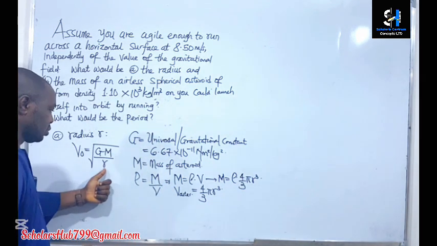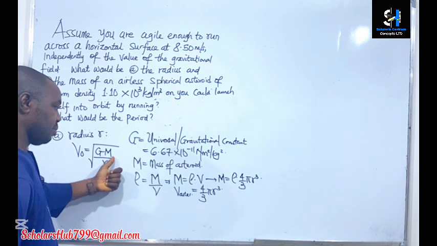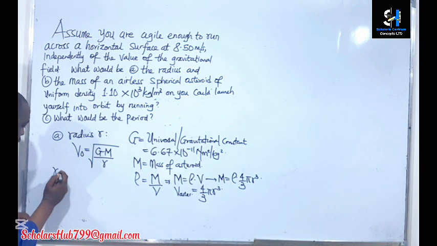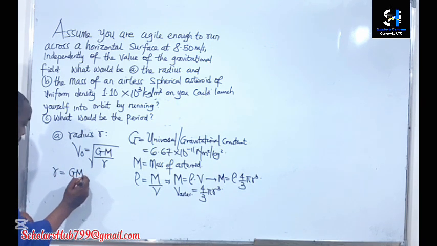So we then substitute for M in this case. But first, let's express r in terms of GM. So r will be equal to GM over v naught squared.